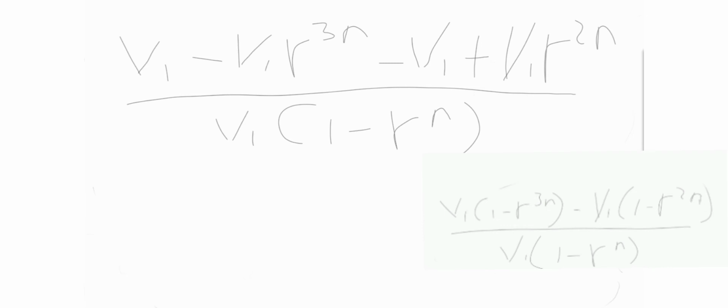Okay, let's clean this. Okay, so now at this point, all of this is the same as this. So this will cancel this because this is plus, this is minus. So V1 minus V1, that is 0.